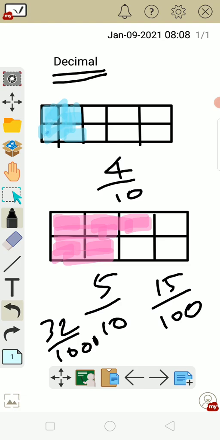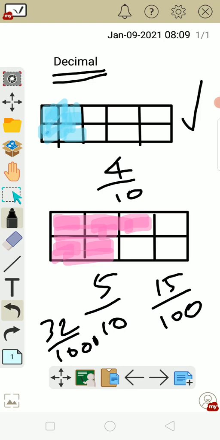So for that, now I'm showing some diagrams. It's a rectangle. 4 out of 10 in the first diagram is shaded, so we can write 4 upon 10. Okay, then second example, 5 has been shaded, so 5 upon 10 we can write like this.